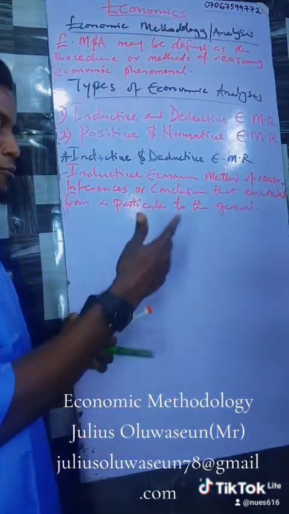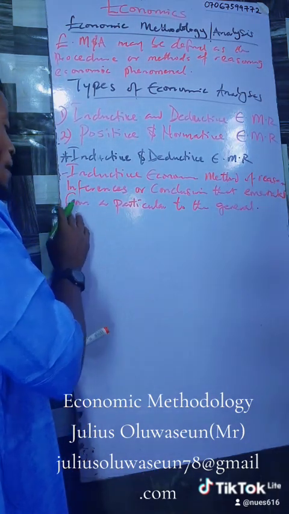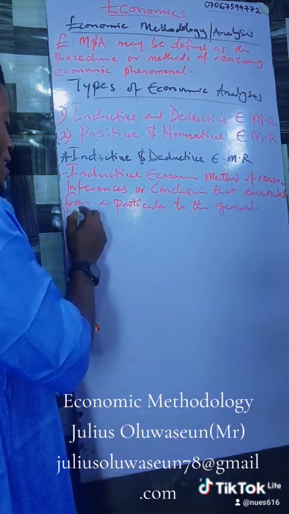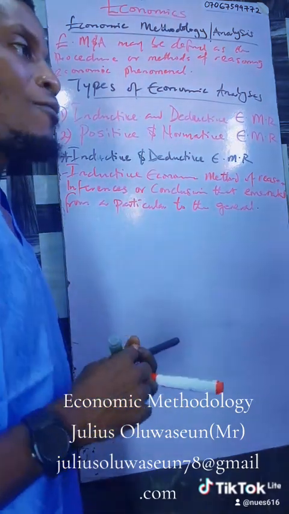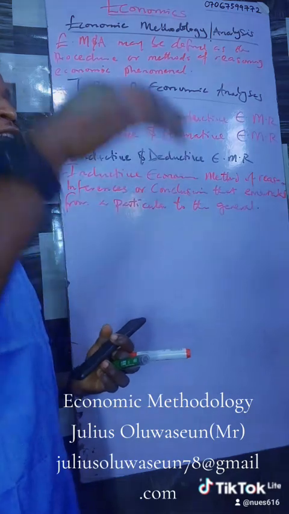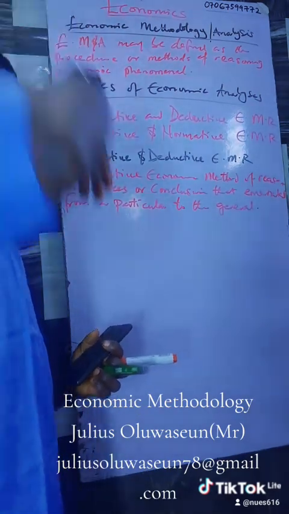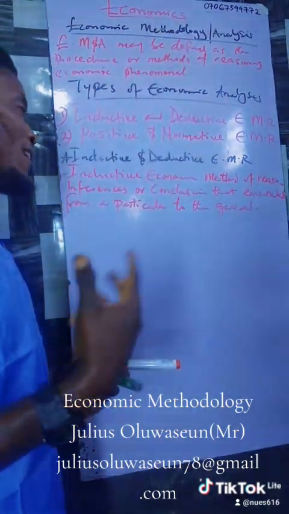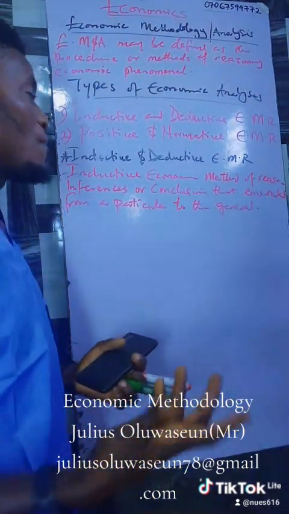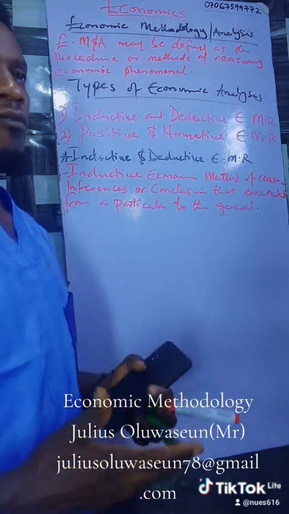A typical example of this kind of reasoning is that of Isaac Newton. Isaac Newton's assumption says that what goes up must come down, there is a law of gravity. That is an assumption of a single person, which a lot of people have now accepted as right. Is that again? So it's an example of inductive economic method of reasoning.